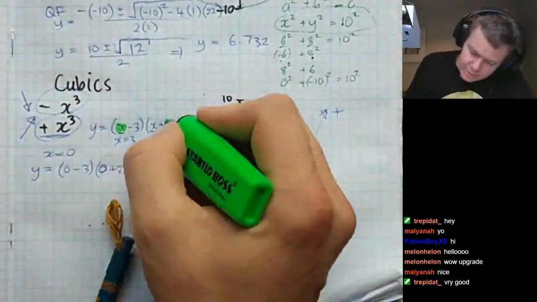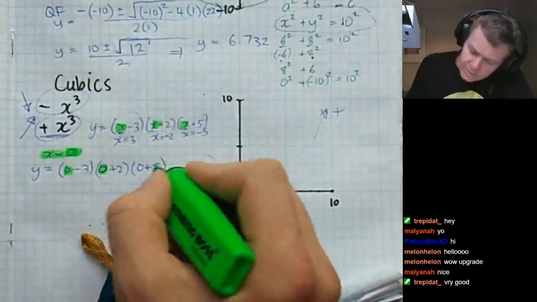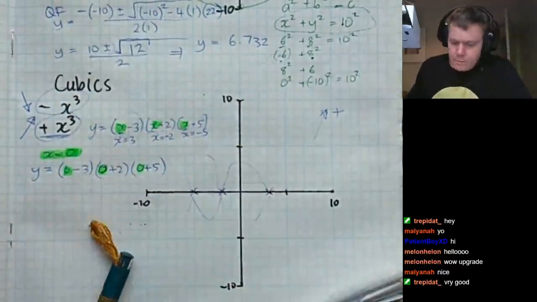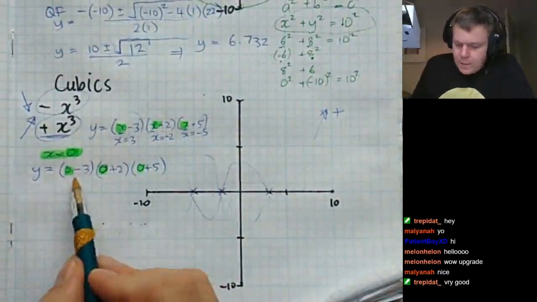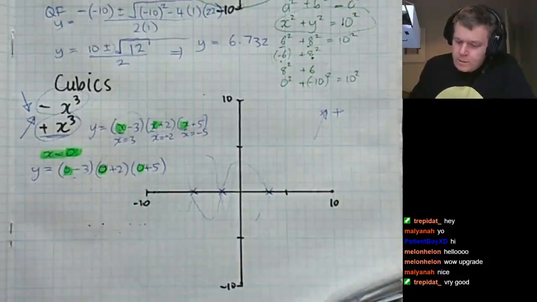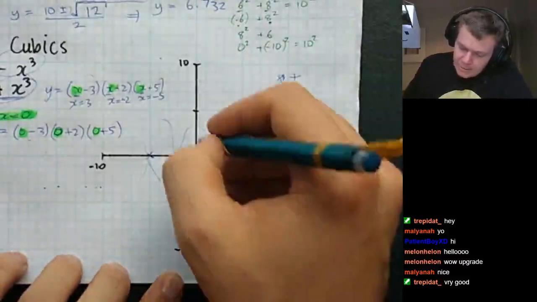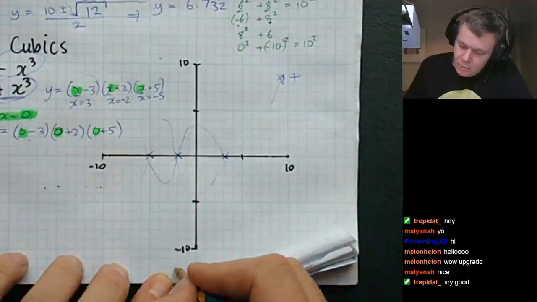Essentially I've subbed in x equals 0 wherever there's an x in the equation, which has just left us with minus 3 times positive 2, which is minus 6, times positive 5. So this is actually going to go off the graph a bit, and cubics are like that.